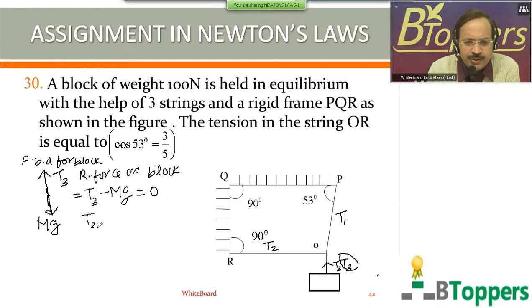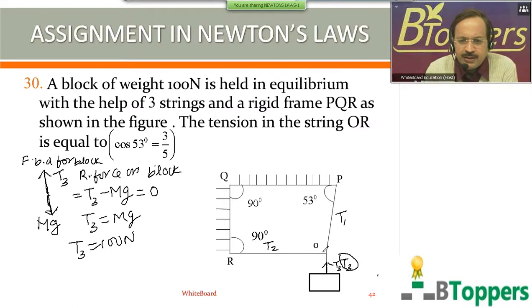So the magnitude of tension T3 can be taken as the weight mg of the block. The weight mg of the block is given to be 100 newtons, so you can take T3 equal to 100 newton. You are asked to find the tension T2 in the string OR. For that, I consider the forces acting at the point O.